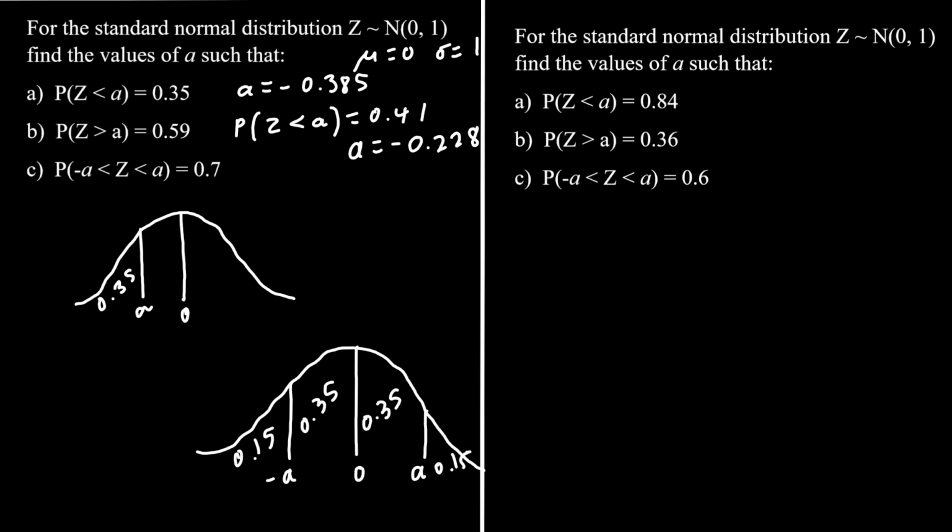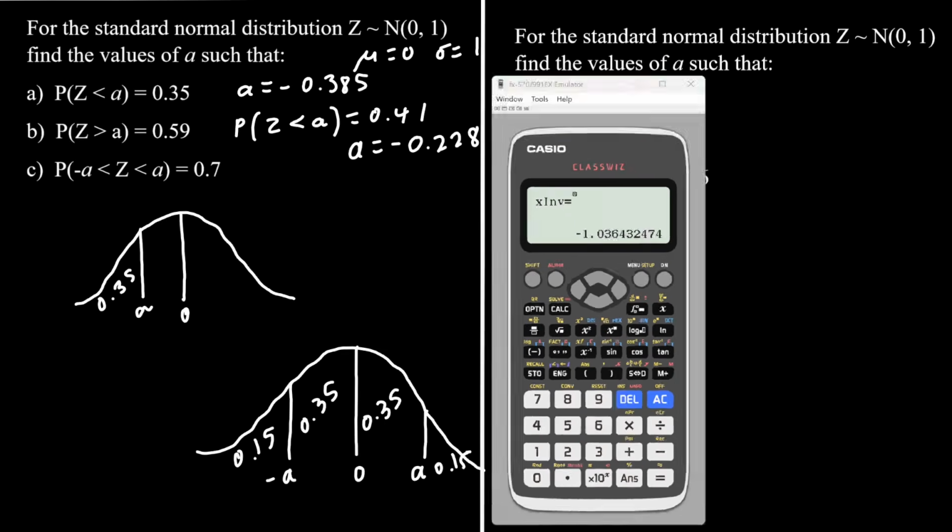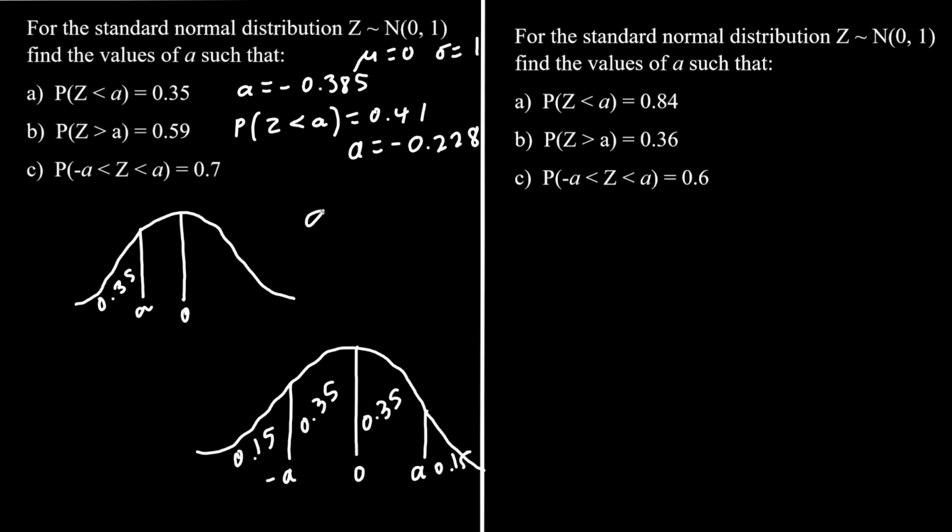Again, because it's symmetrical and it has to add up to 1. So if we use 0.15 as our area, we'll find negative A, and then we can just multiply it by negative 1 to make it positive as well. So negative A is negative 1.04. So A is 1.04.